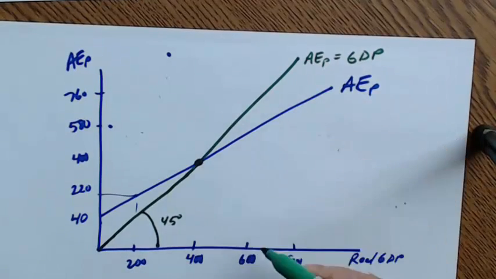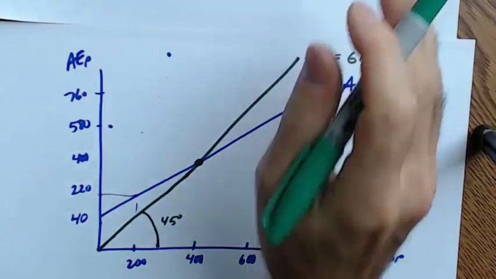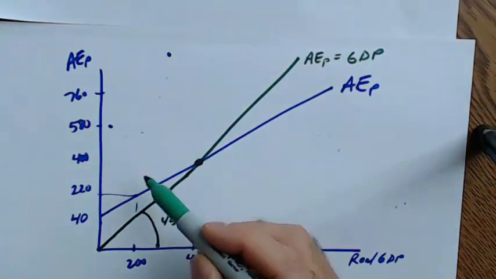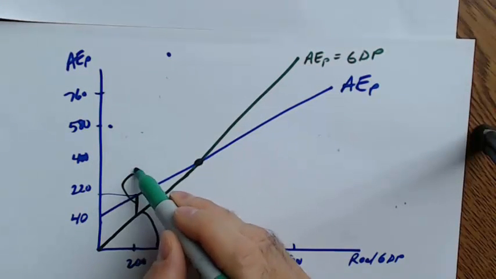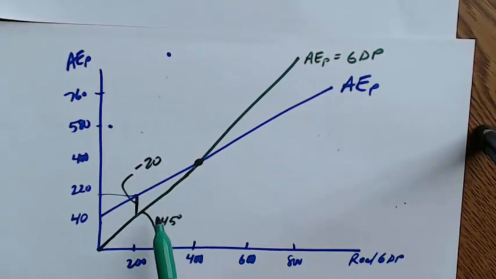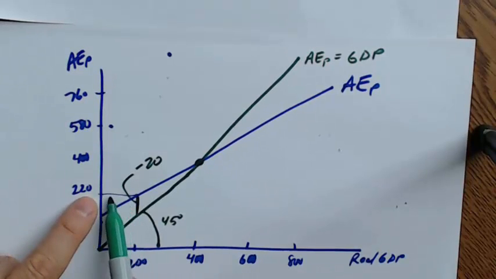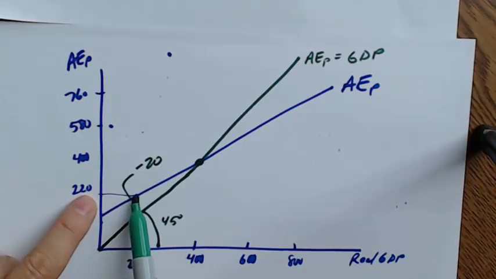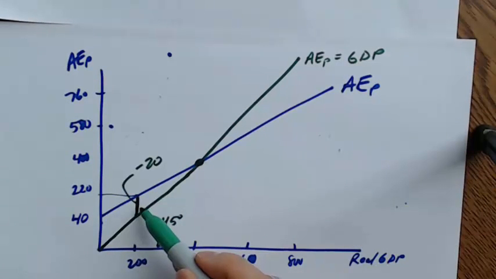And so go back to the table here that I put together, and if you start at the 200 level, we had unplanned inventory right here of minus 20. So what this is saying is, at this point, our production was 200, people were spending 220. So if they're spending 220, we only produced 200, we had to draw down inventory. The drawdown in inventory is represented by this difference.